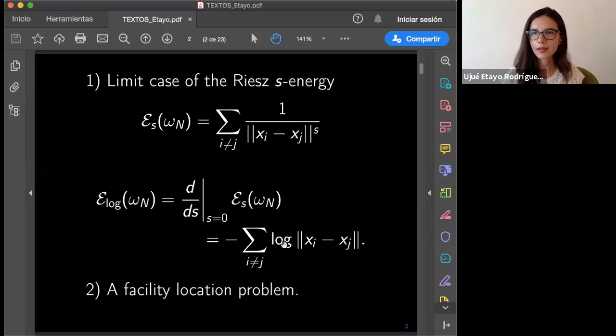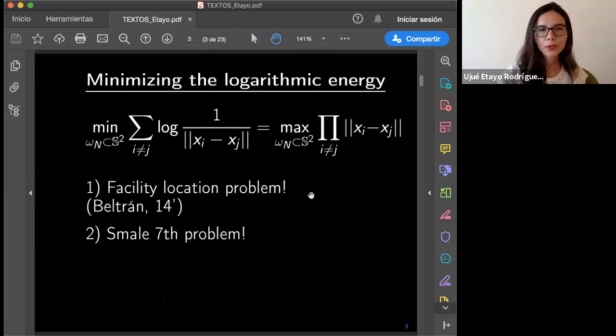We will explain a little bit why, but mainly because this potential here is the Green function of the sphere. All right, so we have two problems that are related to this minimization of the logarithmic energy problem. First one is to find the minimizers.